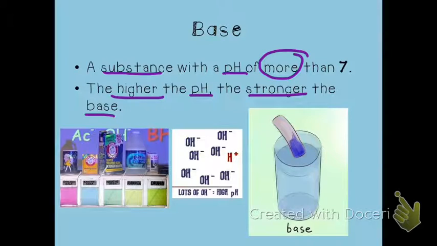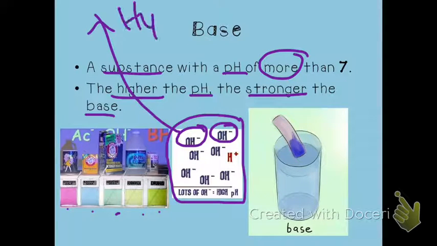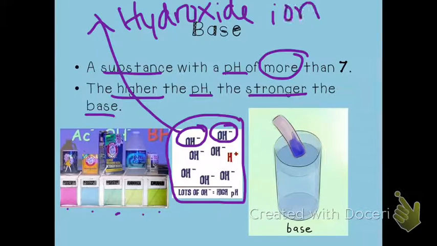Okay, so here in this picture we have some pictures of some bases. Some weaker bases would be salt, we have baking soda, and as we go up the list they become more and more basic. Okay, here in the middle is a picture that looks like the opposite of the diagram I had on the acids slide. If you look at this illustration, you can see there are way more OHs, which OH stands for a hydroxide ion.